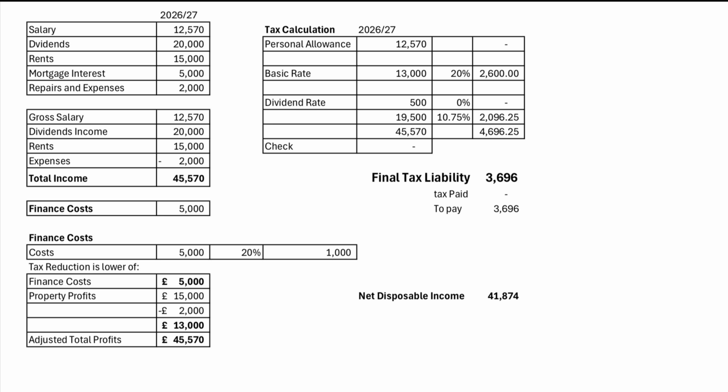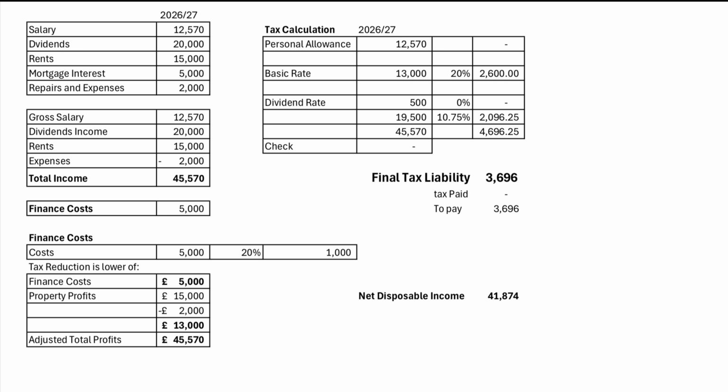So the figures we are working with are 5,000, 13,000 and 45,570. The lowest of those is our finance costs, which means we can put our finance costs into our calculation. Our finance costs then get a 20% tax reducer, so 20% of our 5,000 is 1,000.